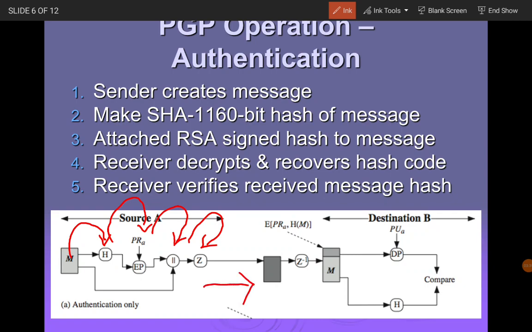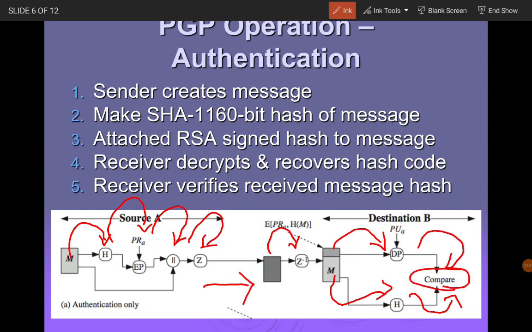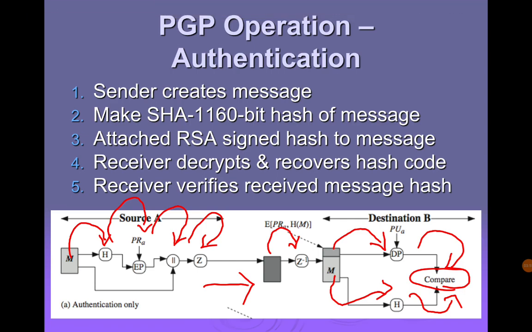At the receiver end, the message is decompressed, and from the original message, we again calculate the hash code. The encrypted hash code is decrypted. So the calculated hash code and the decrypted hash code are compared. If both are equal, then authentication is okay.